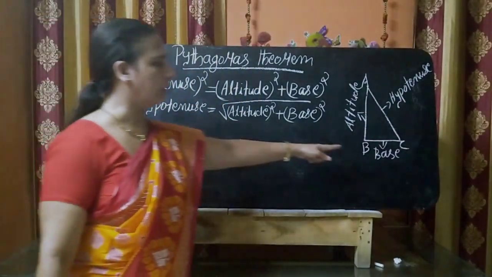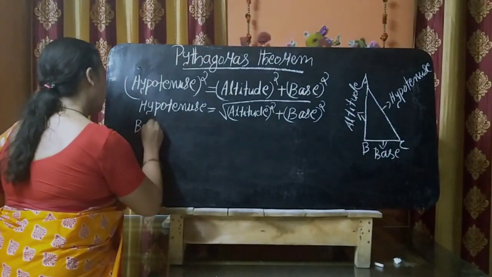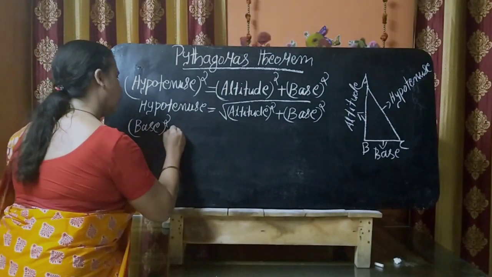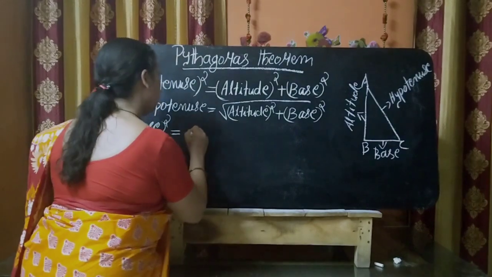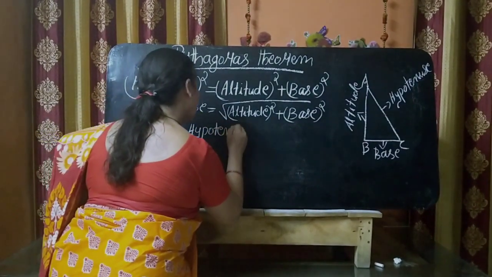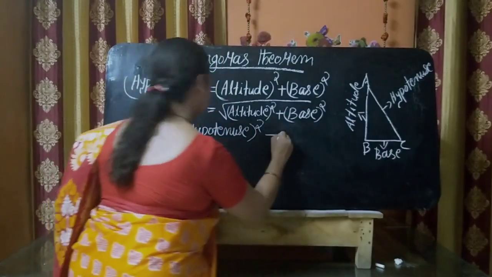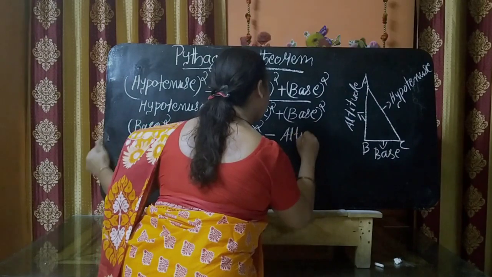Next we have to find out base square. Base square equals hypotenuse square minus altitude square.